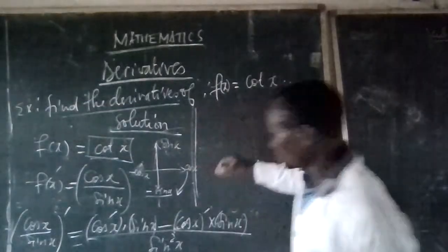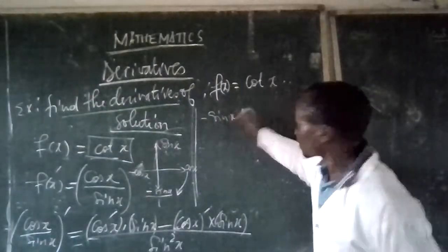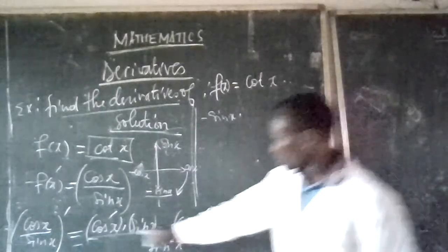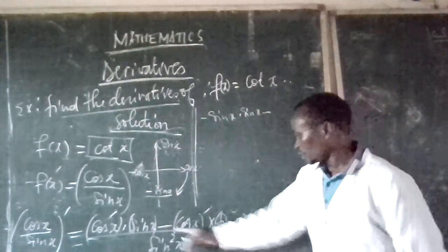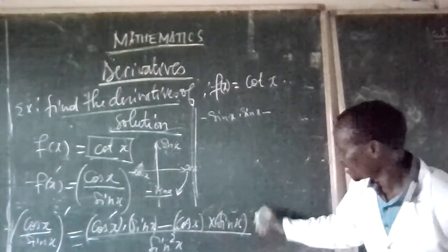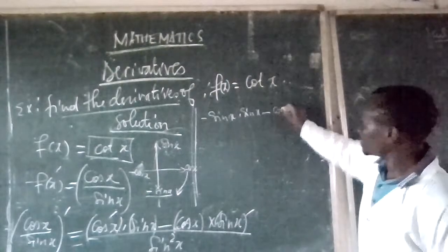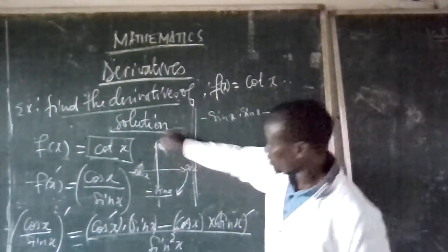Now you still have minus sine x times this sine x, minus also this cosine x times sine x derivative. This is sine x derivative.